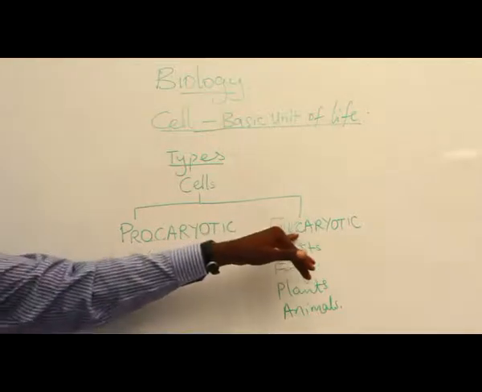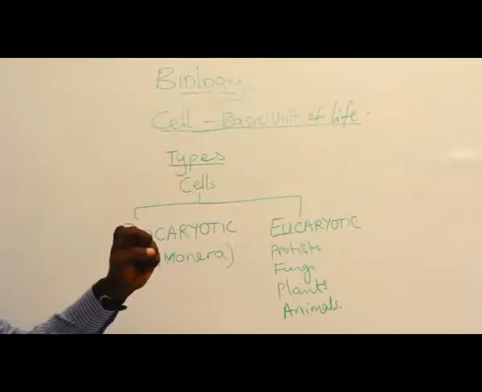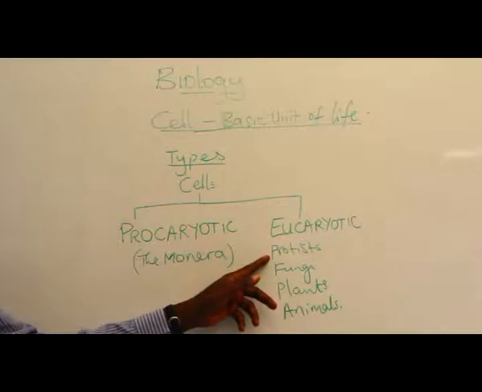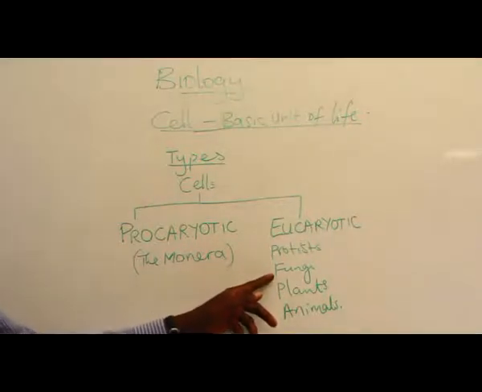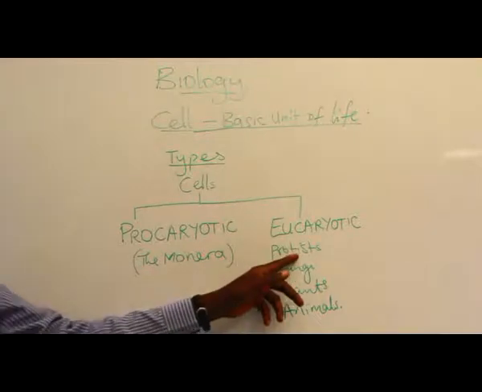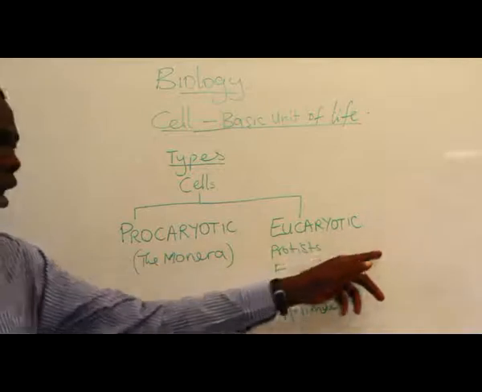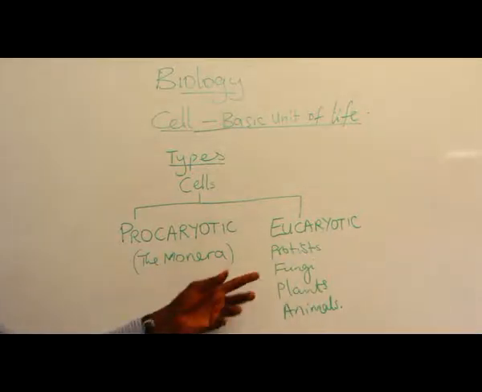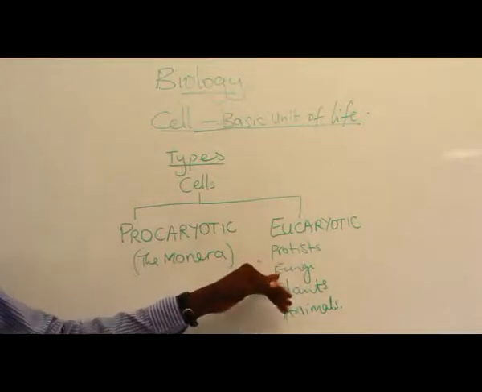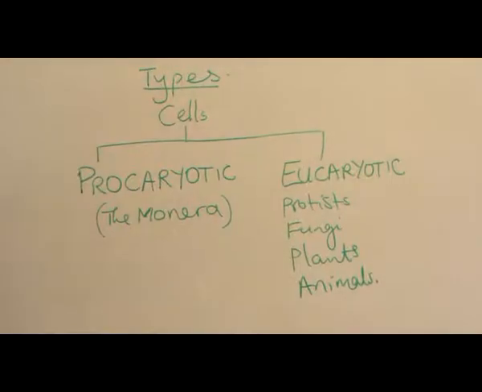Then we have eukaryotic cells, those cells that have definite nucleus. And we find these cells in protists, the fungi, the plants and animals. You will recall that protists have protophyta and protozoa in this group. Fungi are those organisms without definite nucleus. Then we have plants and animals.